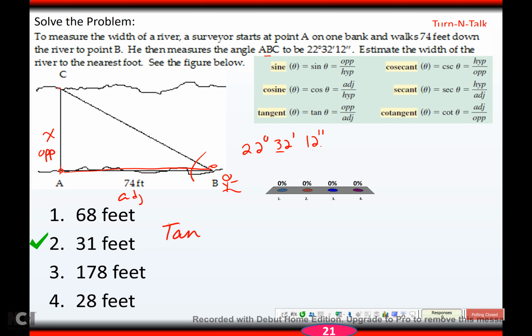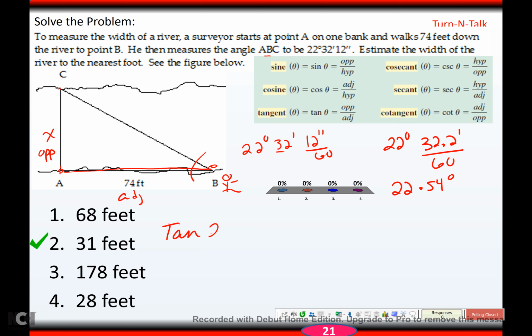The problem is I've got to convert. Okay? So if I do 12 divided by 60, I get 0.2. So now I have 22 degrees and 32.2 minutes. Divide that by 60, 32.2 divided by 60, and I get 22.54 if I round degrees.